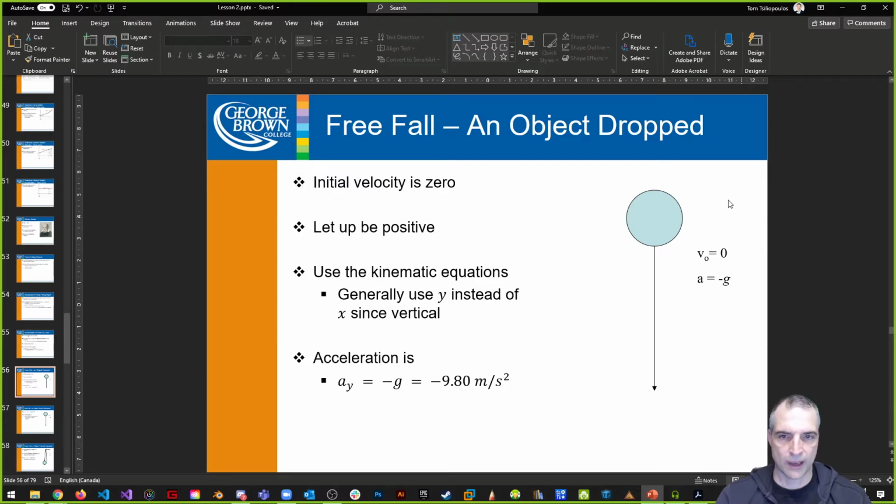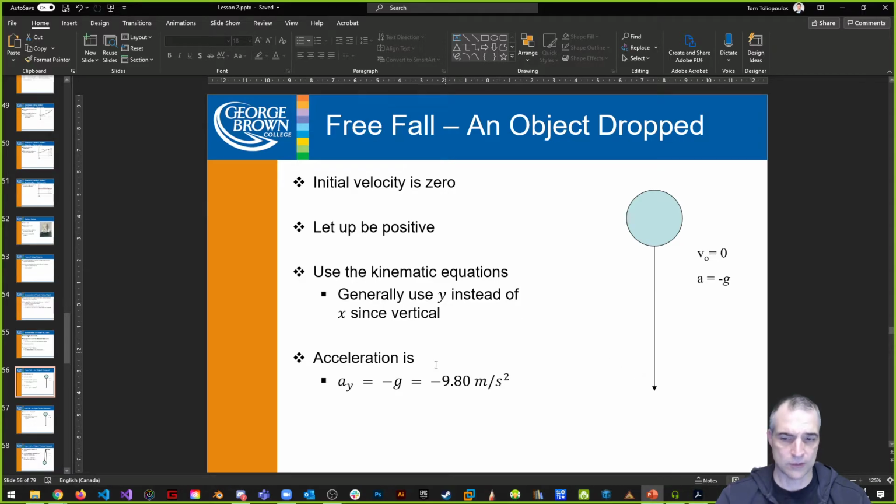So when we have an object in free fall, we drop an object, and we start it at velocity 0, right? So the velocity is 0. My acceleration is negative g, or negative 9.8 meters per second squared, right? We use the kinematic equations, as an example, and generally we use y instead of x to record the acceleration due to gravity.